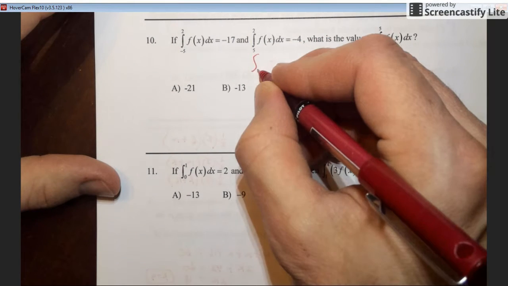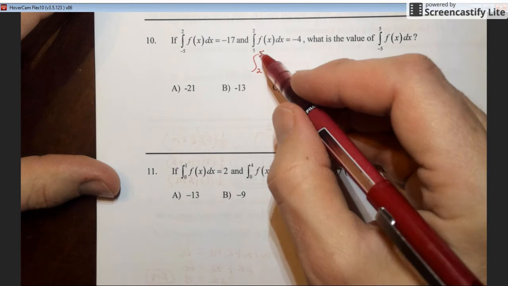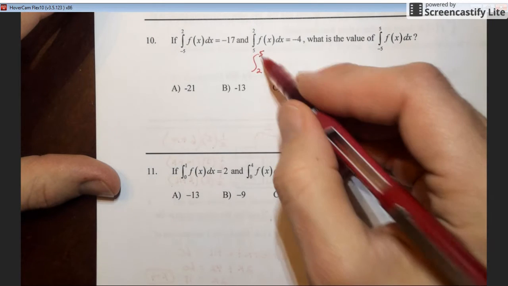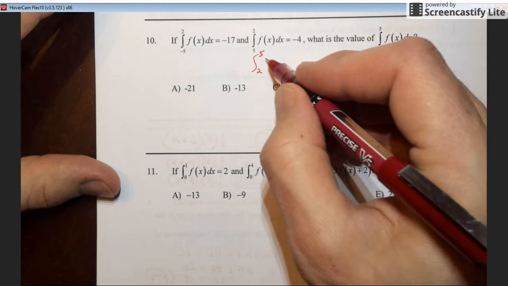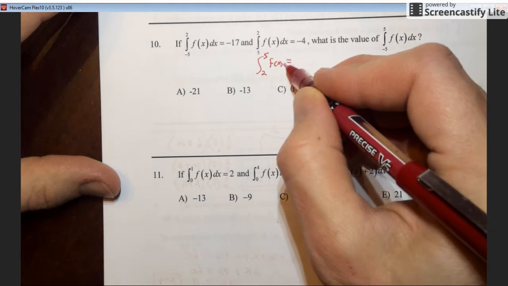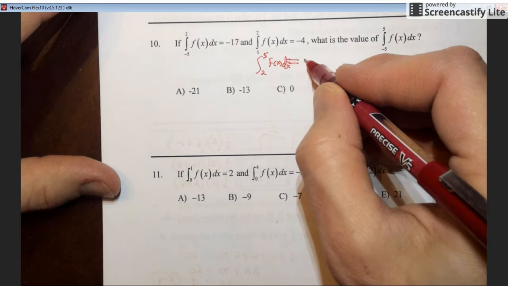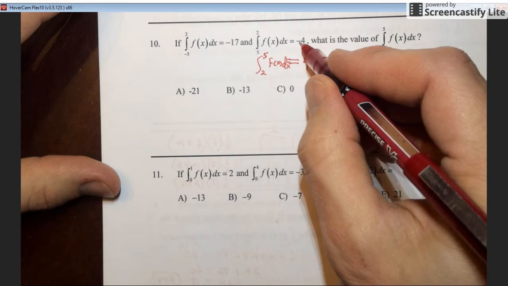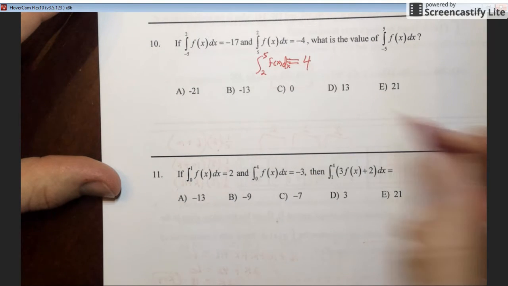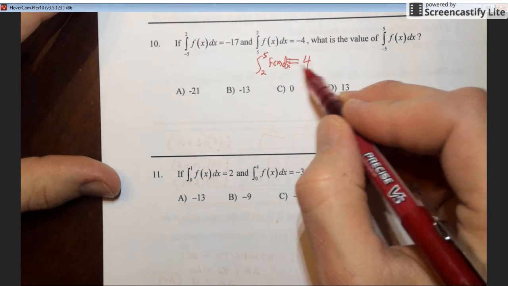We need the lower bound to be down at the bottom, and our higher number as our upper bound up top. We need to swap the bounds, and we're allowed to do that as long as we negate our integral. So what was -4 is now 4. So the integral from -5 to 2 is -17, and from 2 to 5, it will be 4.